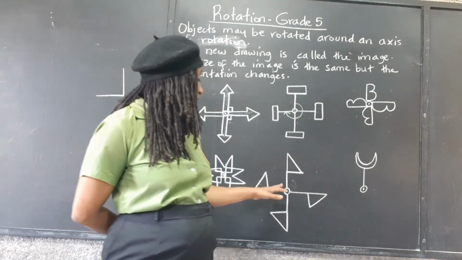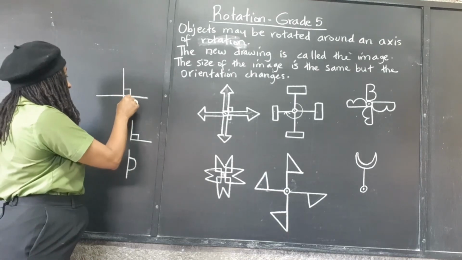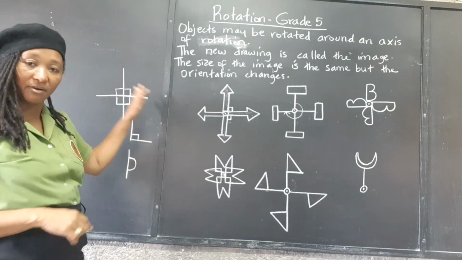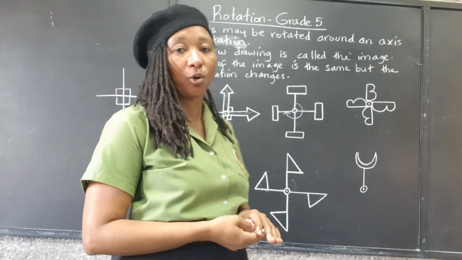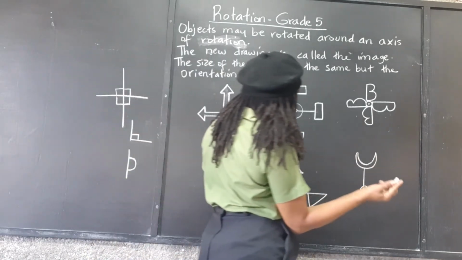But we can easily use these because we know that's 90 degrees, 180, 270, 360, right? Our 4 quadrants.